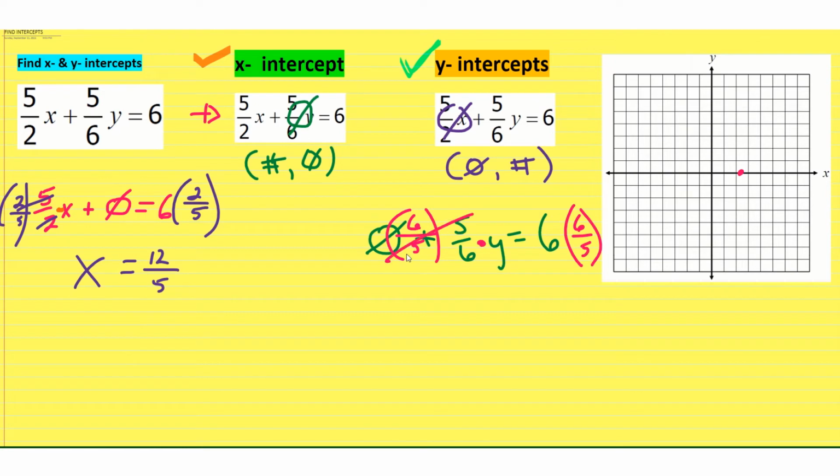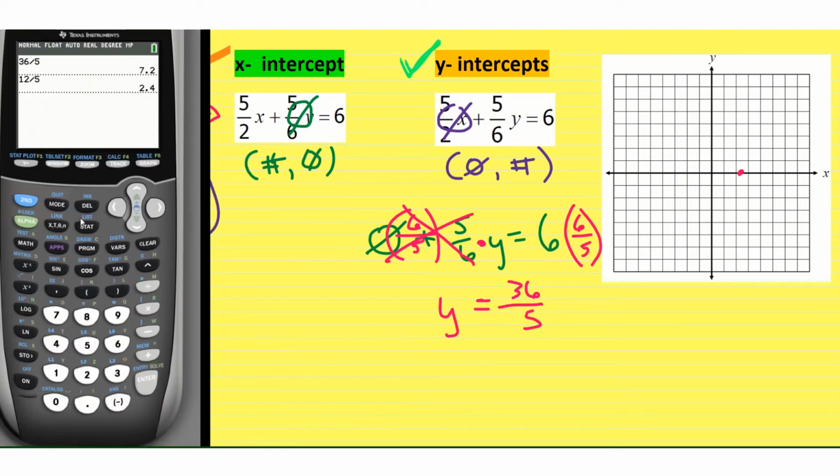Okay, so these two fractions will cancel each other out, and I'm left with y is equal to 6 times 6 is 36 divided by 5. And again, to make it easier for me to graph, I can pull up my handy-dandy calculator, figure out that 36 divided by 5 is 7.2.